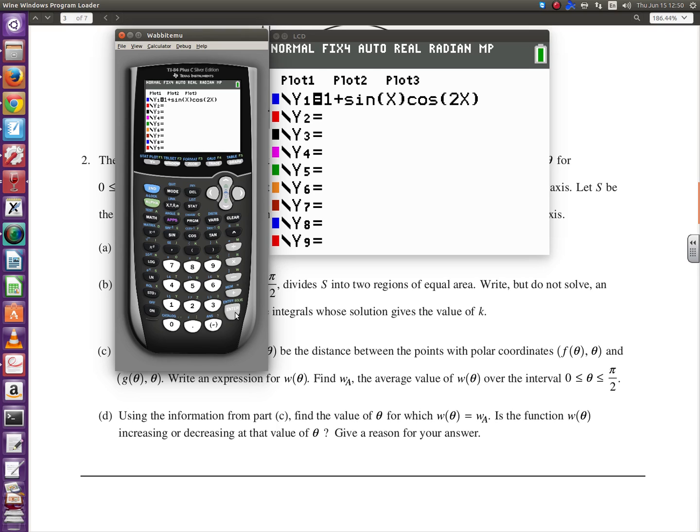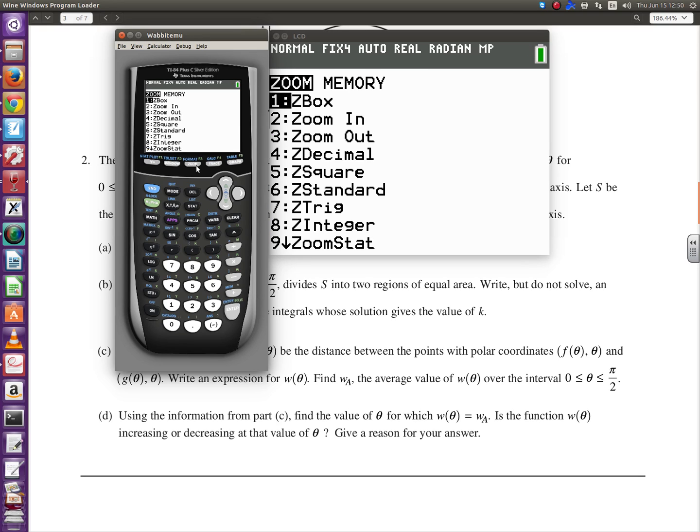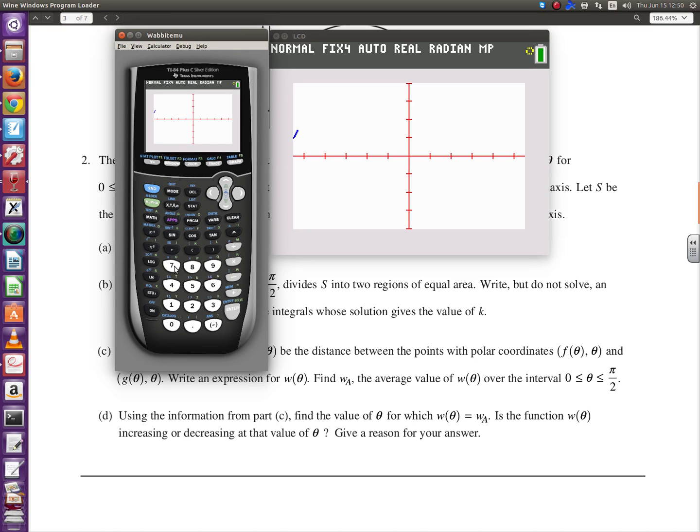And then let's make Y2 the g of theta, which is 2 cosine theta, and again, I'm using X instead. And I don't know, how about a zoom trig? We're only really interested from 0 to pi over 2, where they intersect. That's 0 to pi over 2 right there. That's pi, that's 3 pi over 2, that's 2 pi. I think each tick mark is pi over 2, right?